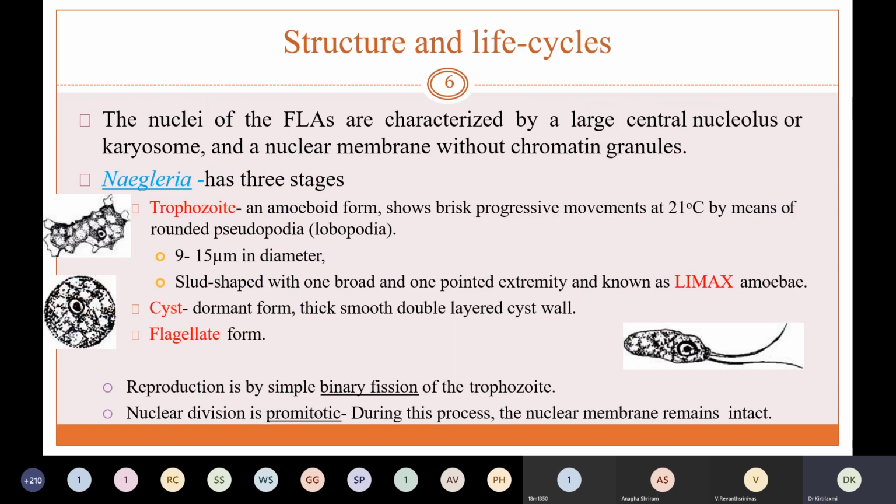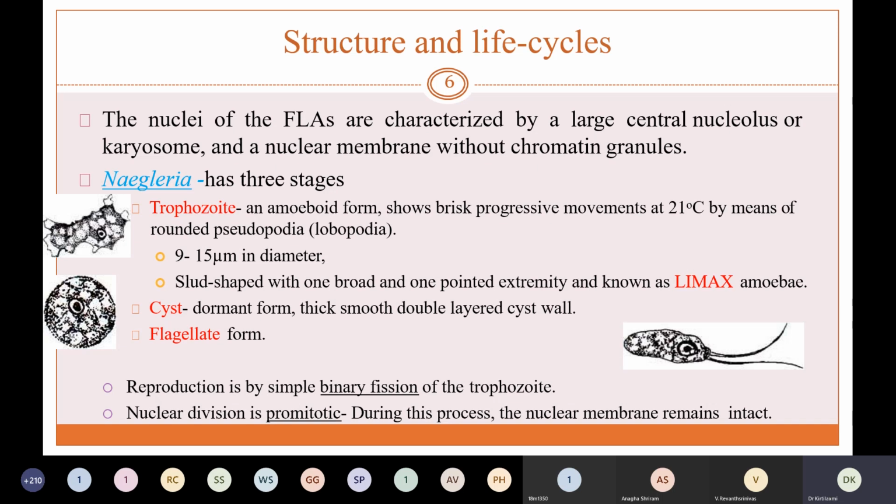Next, going to the different structures and how it lives with different morphology, and its life cycle. The nuclei of free-living amoebae are characterized by a large central nucleolus or karyosome and a nuclear membrane without chromatin granules. I'll go one by one so that you will understand it in a better way.